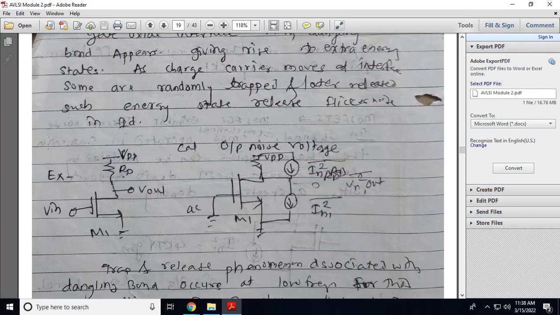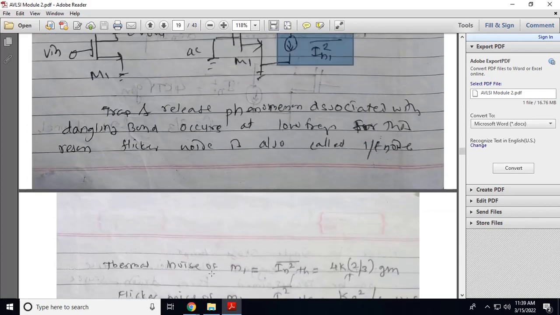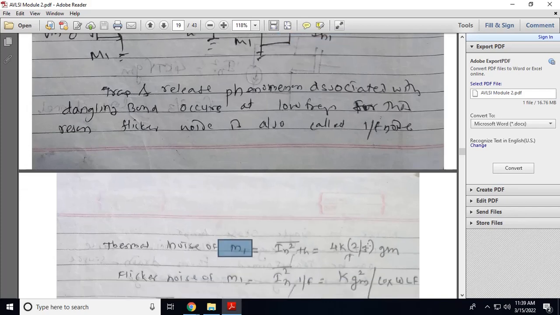For this circuit we have to calculate the output noise. For the common source amplifier, we have to calculate the output noise voltage. The resistor has thermal noise, so we represent the thermal noise of the resistance. The MOSFET also has thermal noise, given by the current source 4kTγgm, where γ is 2/3.